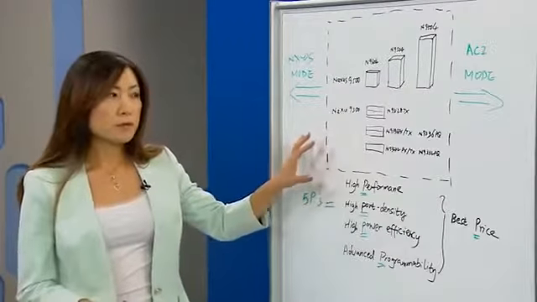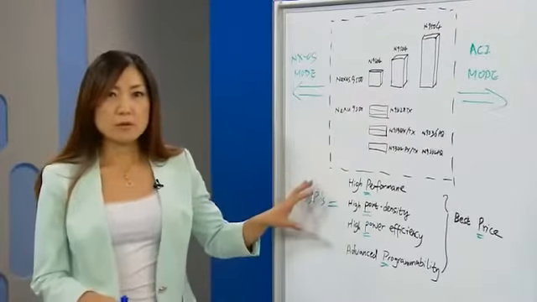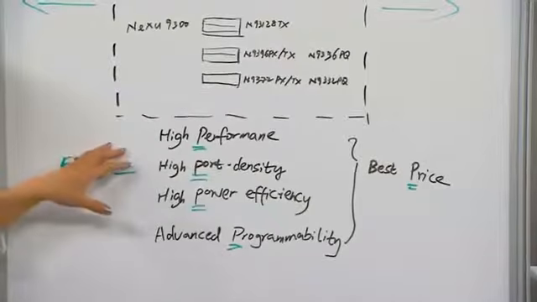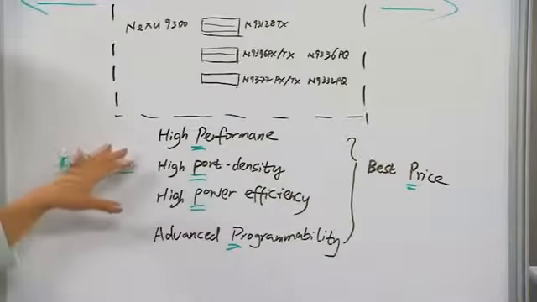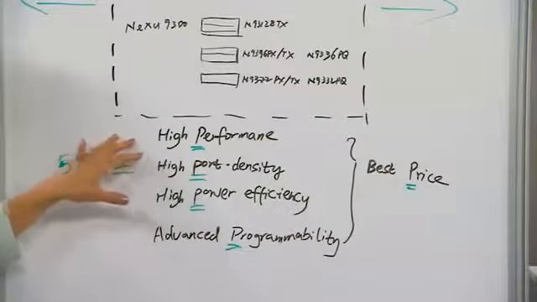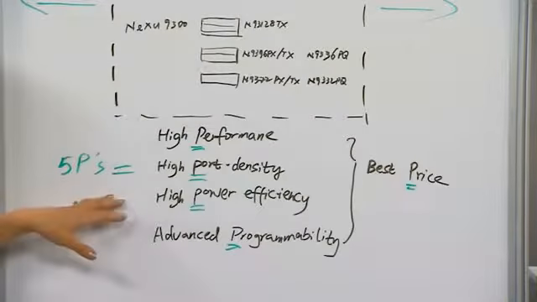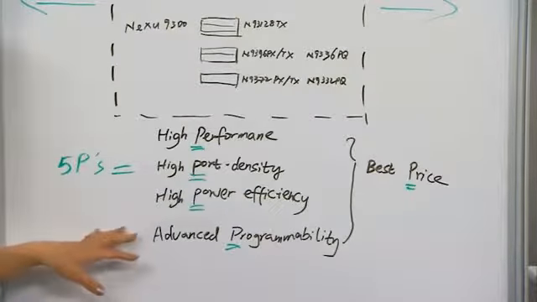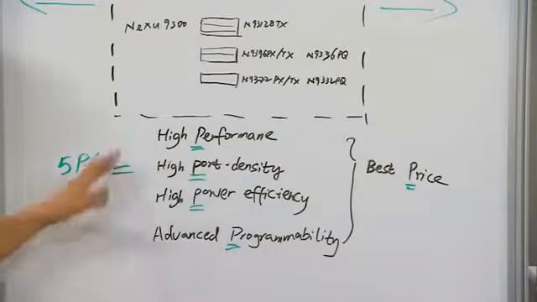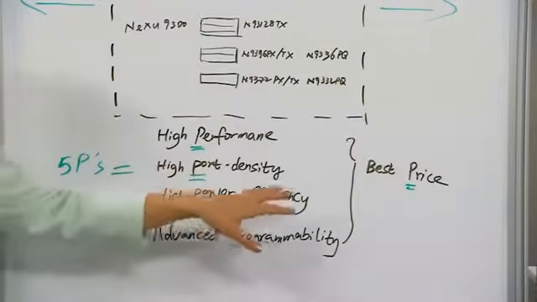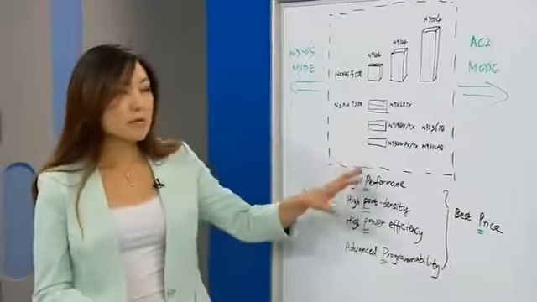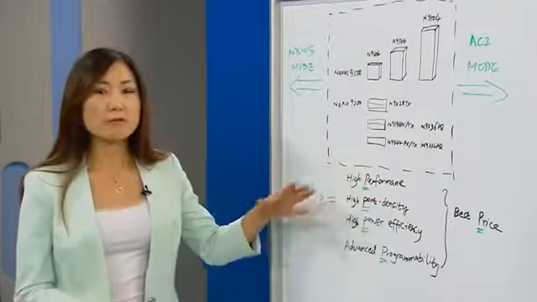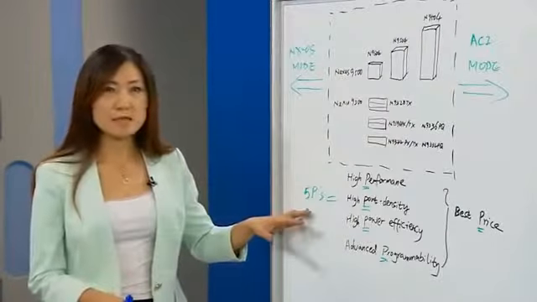Altogether, they all deliver high value to our customers, including high performance, high port densities for 10 gig, 40 gig, and future 100 gig network connectivity, and high power efficiency, and also enhanced programmability. And all this is delivered at the best price for our customers. So that's why we summarize the values the 9K platform provides as the 5 Ps.